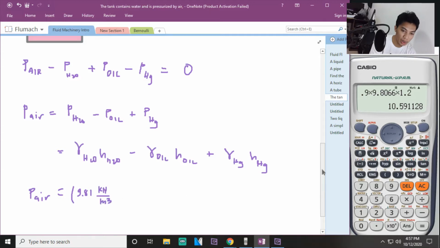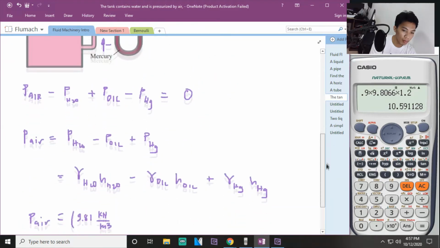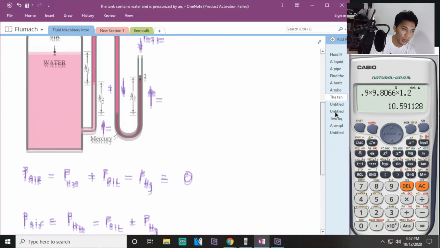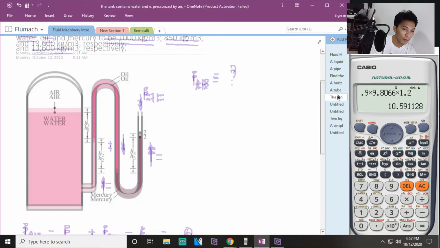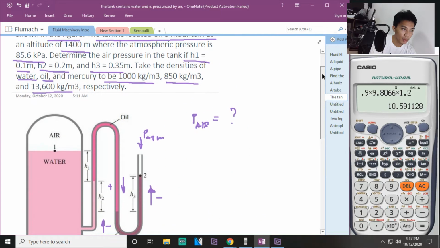Ang height niya is 0.1, times 0.1. Minus yung sa oil. Sa oil is 850, times 9.81. Ang unit nito is kilonewton per meter cube. Times, ang height niya is 0.2.